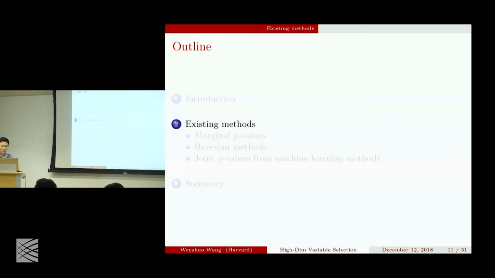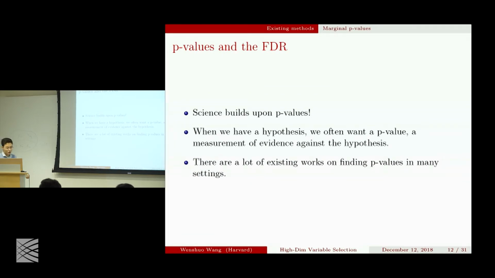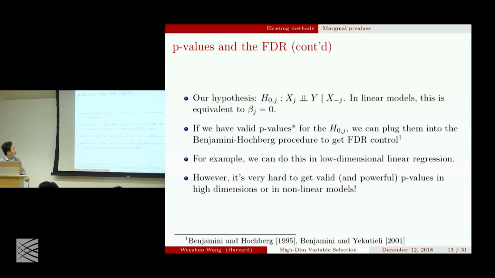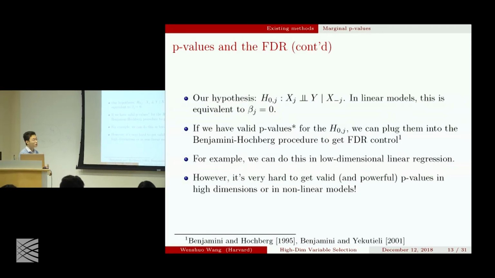Now that we have a well-defined problem, let's talk about solutions. Everybody knows what a p-value is. Science builds upon p-values. When we have a null hypothesis, we also want a p-value, which measures the evidence in the data against our hypothesis. There is a lot of work on finding p-values in many settings. Let's remind ourselves that our null hypothesis is that xj is conditionally independent of y given the other x's. In linear regression, this is equivalent to testing whether the coefficient for xj is 0 or not.